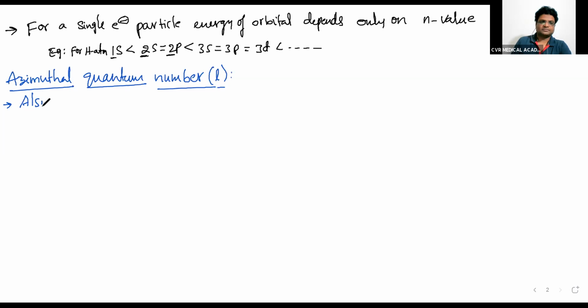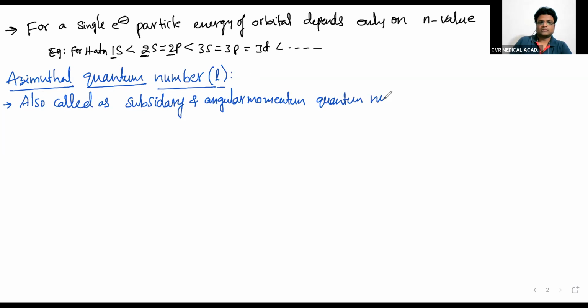It is also called the subsidiary quantum number and the angular momentum quantum number, because the orbital angular momentum is given by it.